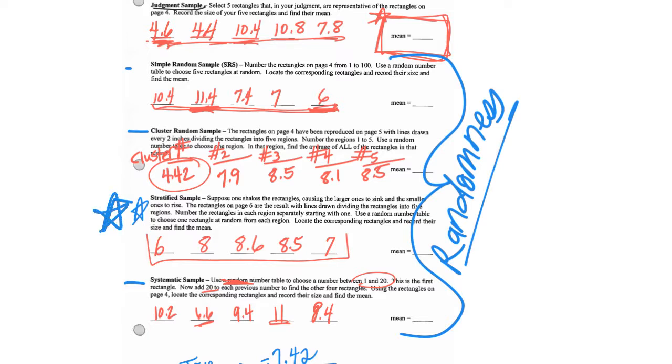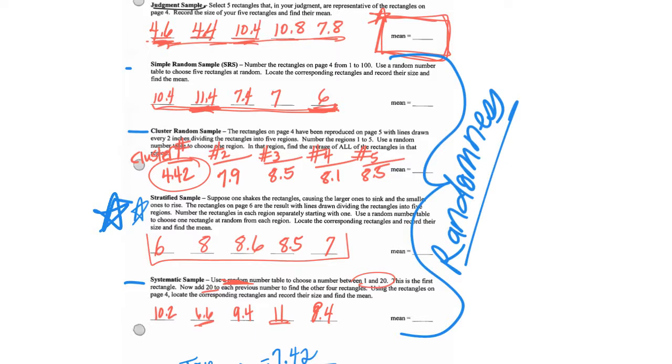And stratified really controlled a variable that we thought we needed to really handle and control. What was that? What did we want to make sure that we got a good sampling of, since this was about area? We wanted to make sure that we controlled the size and that we got one from each of the sizes.